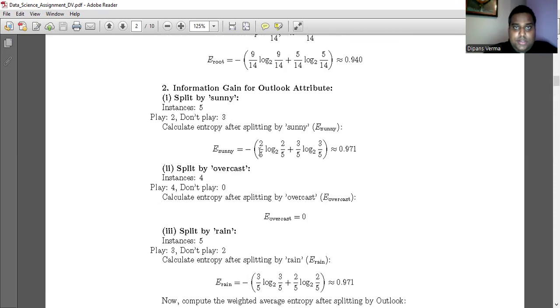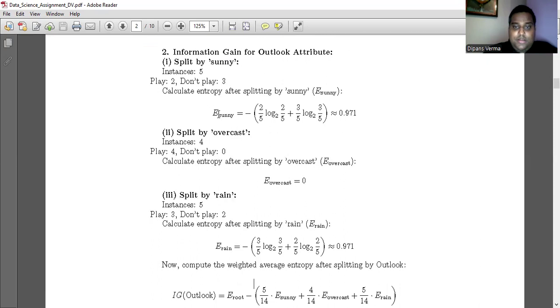The basic reason is that here you can see in this sunny one we have a total of 5 instances, and we are considering them over 14, right? So the sunny instances are 5 basically, and the total outcome will be 5 upon 14, because only 5 we have to choose out of the 14.